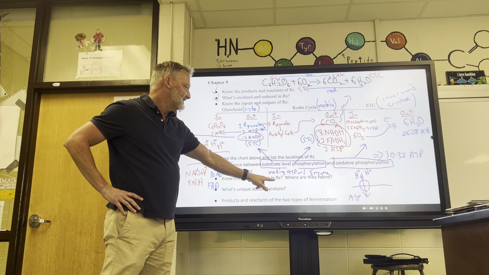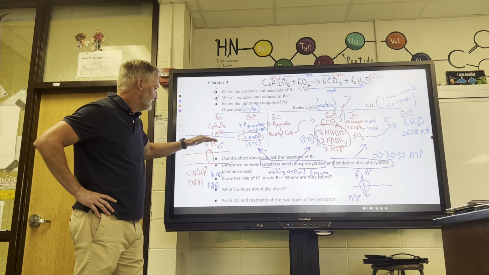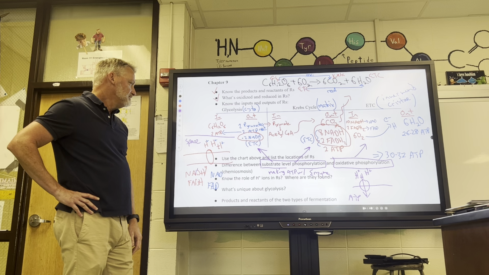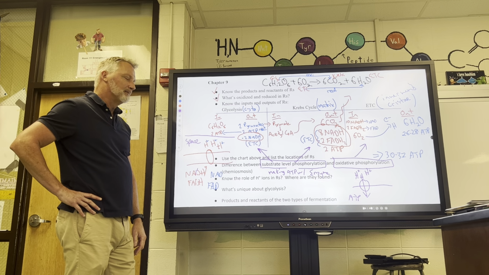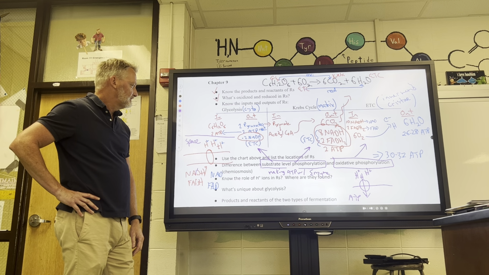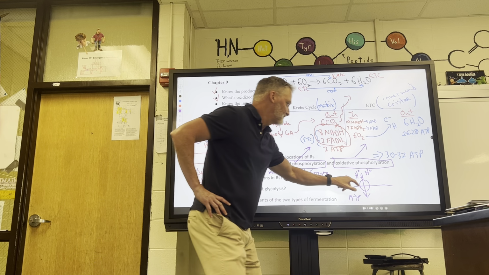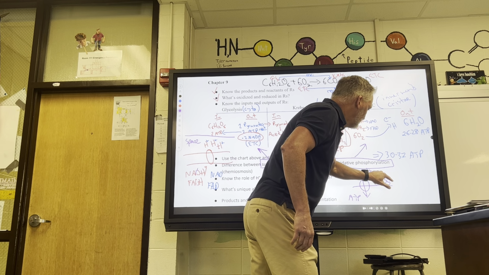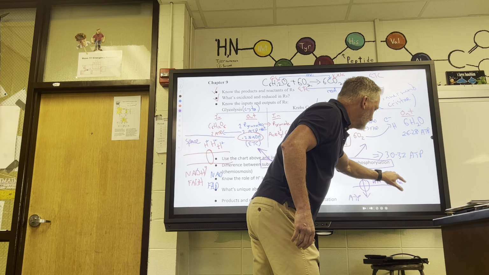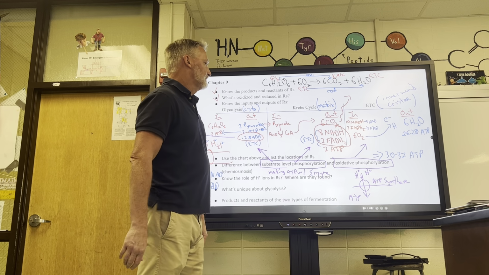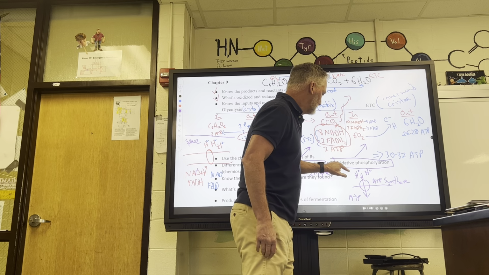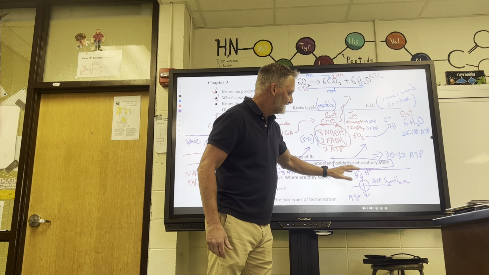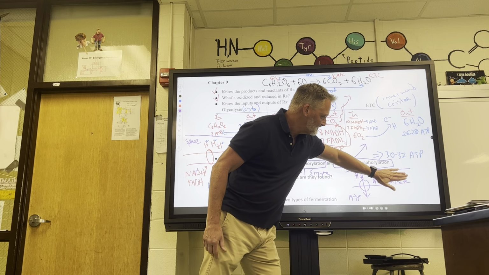So where do they diffuse through? ATP synthase. That thing that spins. So here's the inner membrane, the outer membrane. This region is the intermembrane space.